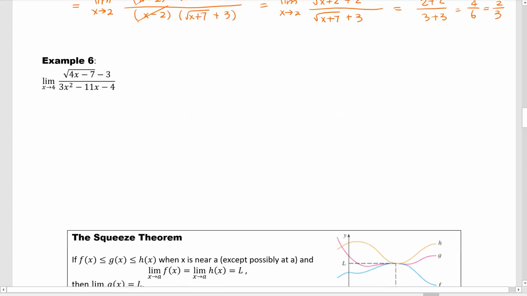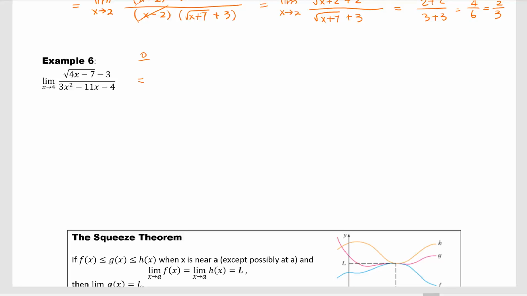Example 6, let's continue. Alright, so here, let's plug in 4. 4 times 4, 16 minus 7, 9. Square root of 9, 3. 3 minus 3, 0. And the denominator, okay, so 4 squared is 16. 3 times 16, 48. 48 minus 4 times 11 is 44.